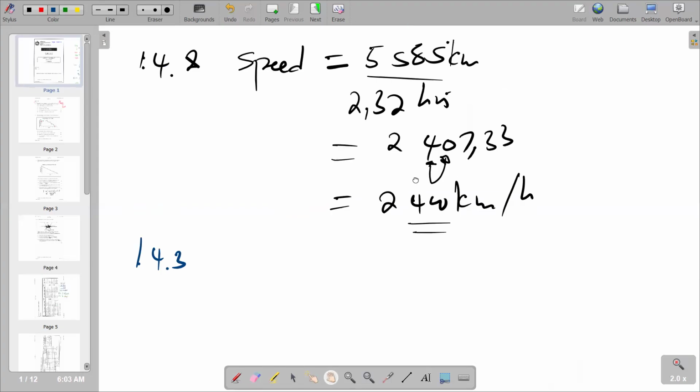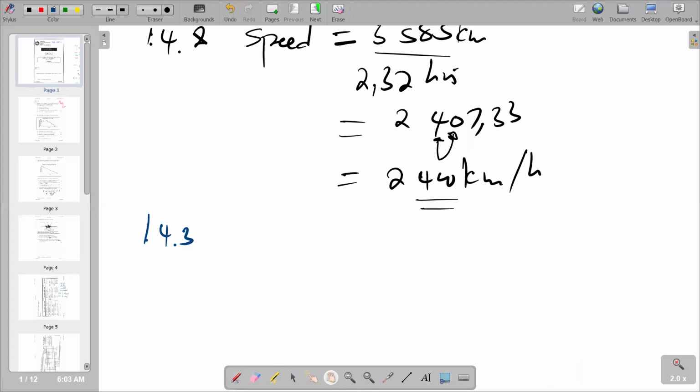So we use this figure: 2,407.33 kilometers over our 1 hour, so it will become 1 hour.